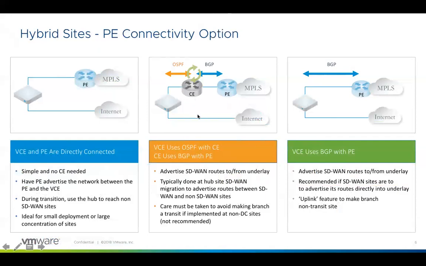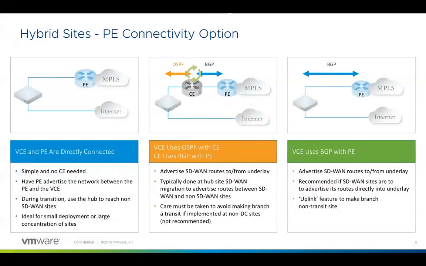The option in the middle here is only recommended for data center sites, and we don't recommend this at branch sites. The reason is that there is not a feature in OSPF that is similar to the uplink feature. So we don't have that feature in OSPF, and there isn't a very easy way to tag OSPF routes, unlike BGP where you can use communities, so it's harder to block redistribution between OSPF and SD-WAN routes.